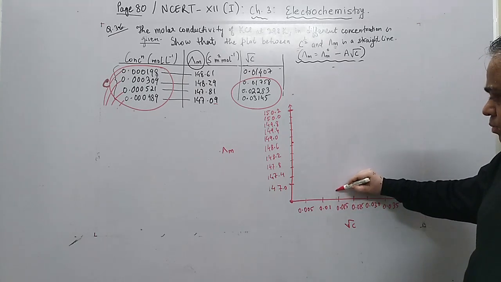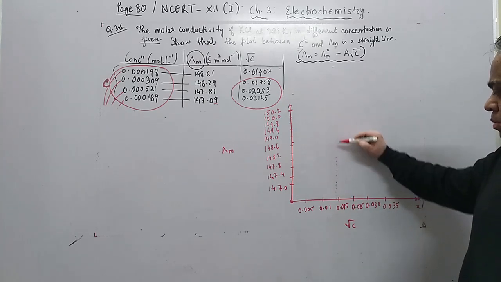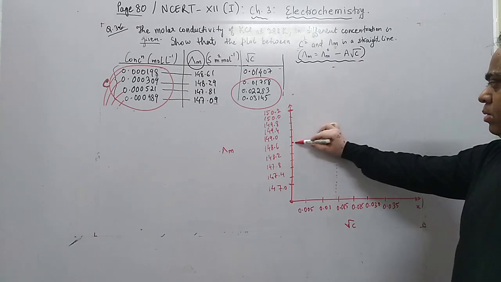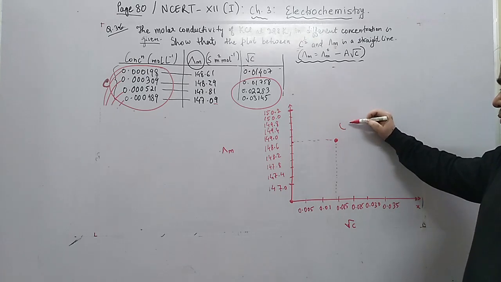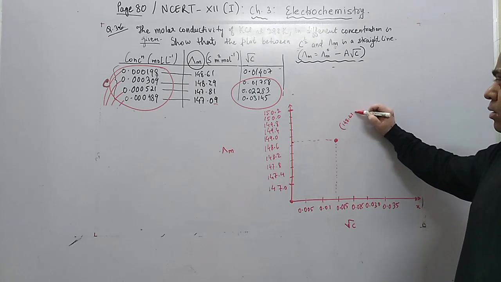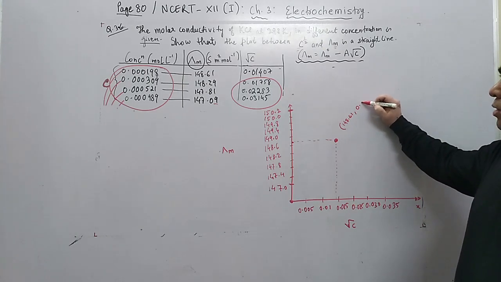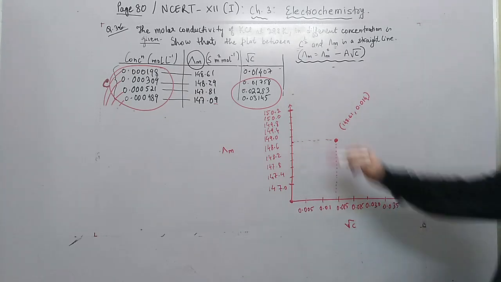So this is one point. This point is for 148.61, 0.014. Similarly, this is done.